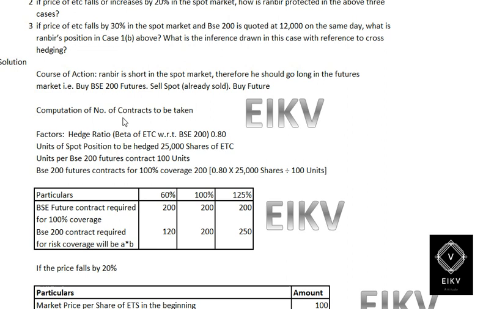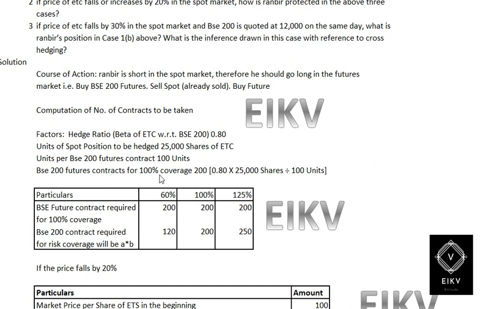So computation of number of contracts to be purchased. The formula would be hedge ratio, which is the beta of ETZ with the BSE 200 index, 0.8. Units of spot position is 25,000 and units per BSE 200 future contract is 100 units.